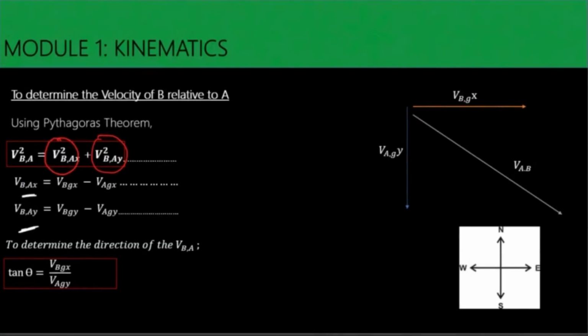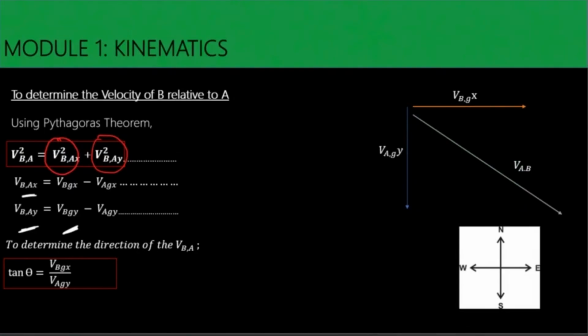It might be zero. You just substitute zero there. The velocity of B relative to A on Y axis is going to be the velocity of B relative to the ground on Y axis minus the velocity of A relative to the ground on Y axis.